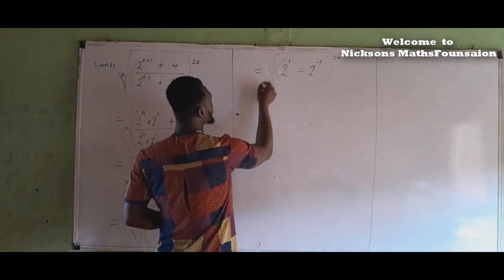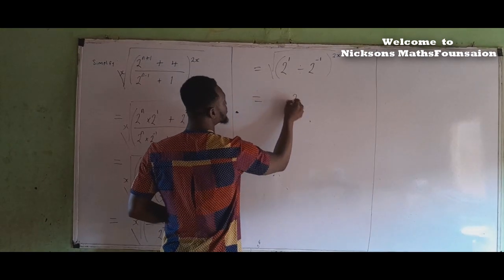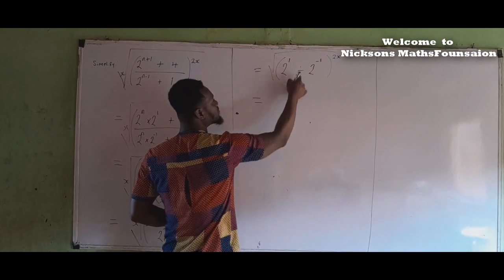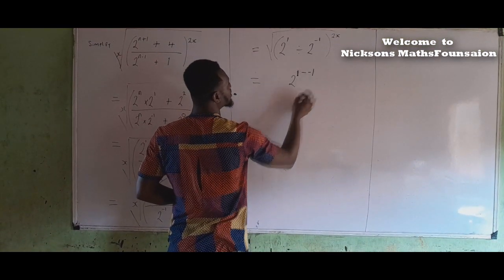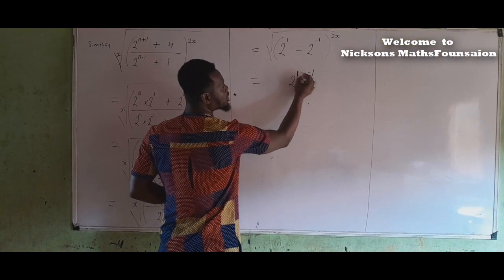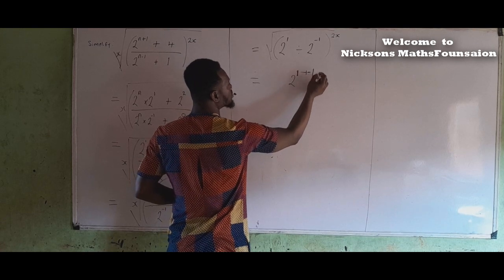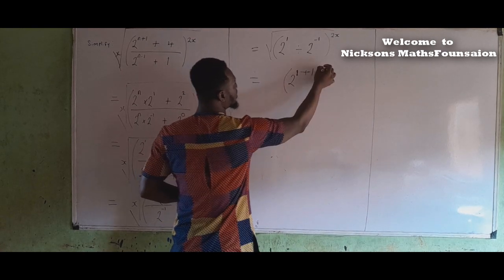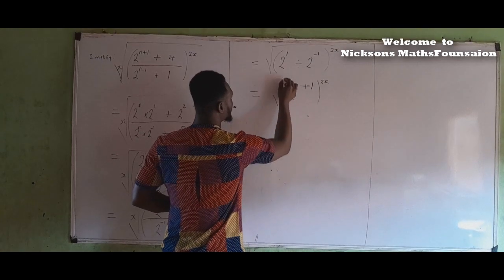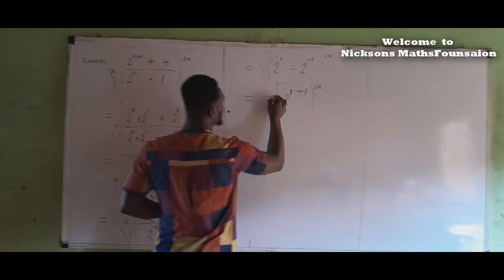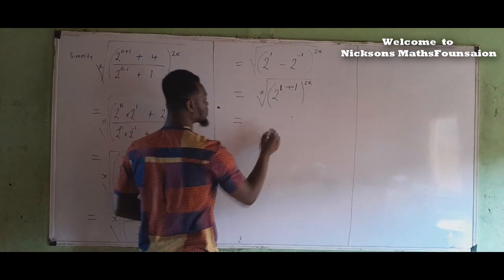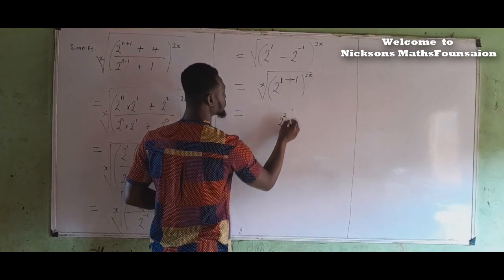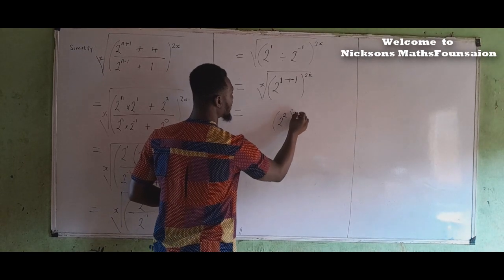This is equal to 2 raised to power 1 minus minus 1, because division is subtraction, and minus minus becomes plus, so 1 plus 1, all raised to power 2x, x root. So 1 plus 1 is 2, so this is 2 raised to power 2, raised to power 2x.